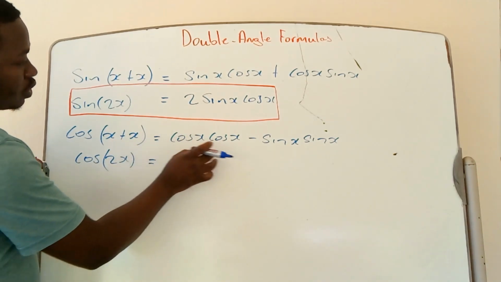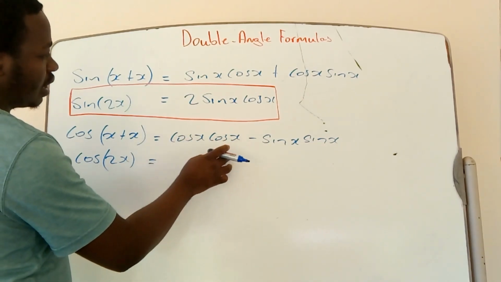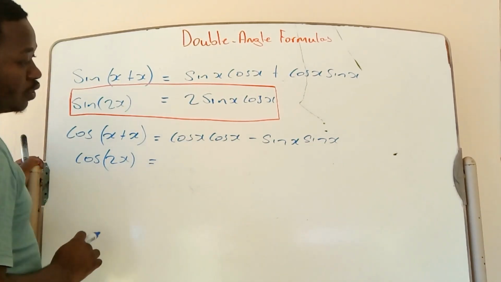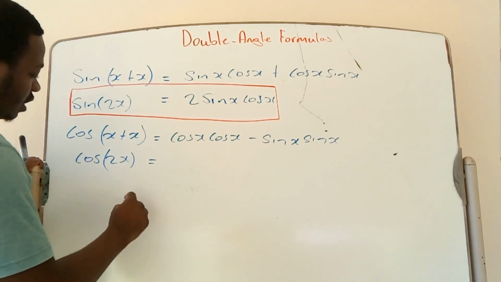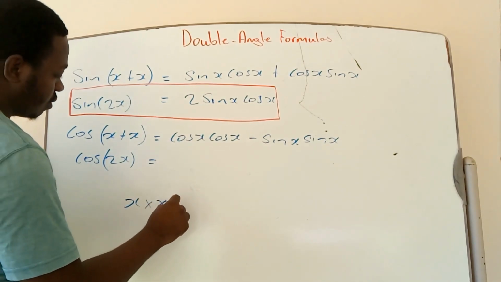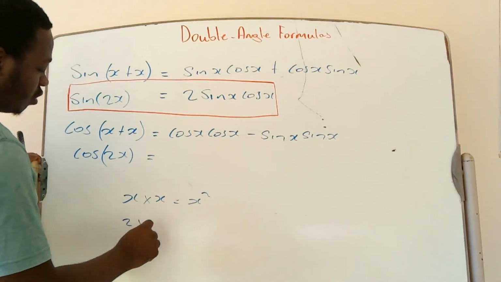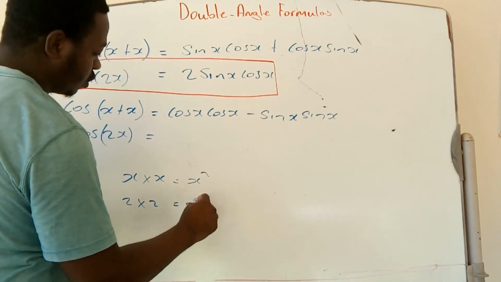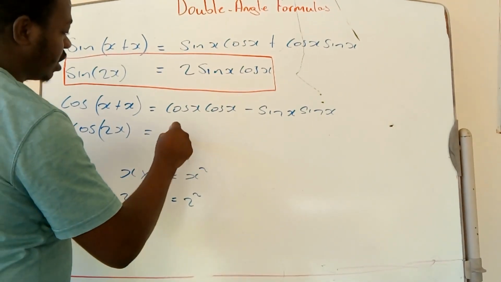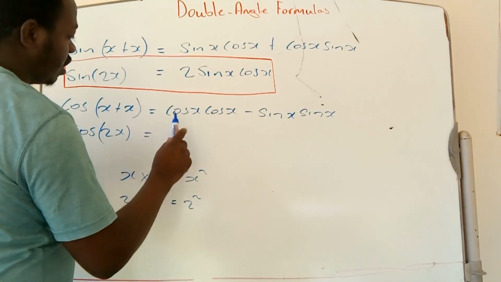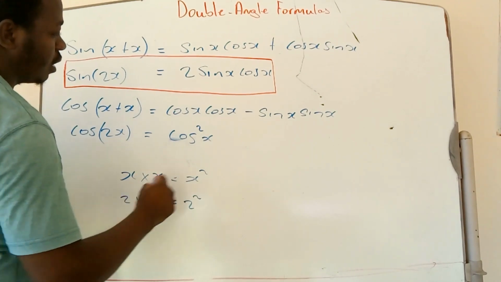What if we try to combine this side? What is cos x times cos x? Cos x times cos x, that's just cos squared x, don't you think? Because in real life, if you have x times x, that's just equal to x squared. If you have 2 times 2, that's just equal to 2 squared. If you have cos x times cos x, that's equal to cos squared of x.